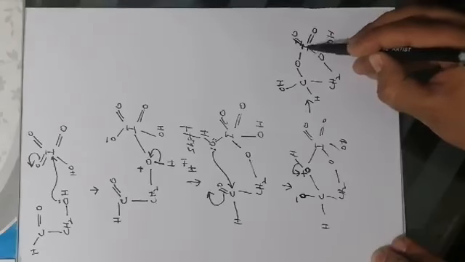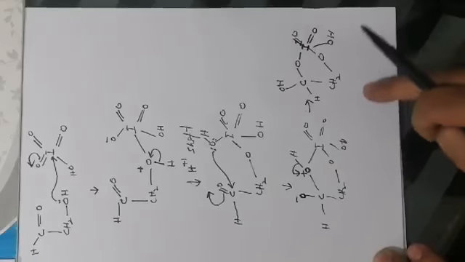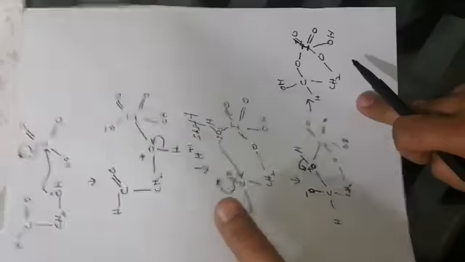Here we have iodine in the center, double bond oxygen, and this. So you got another periodate ester.